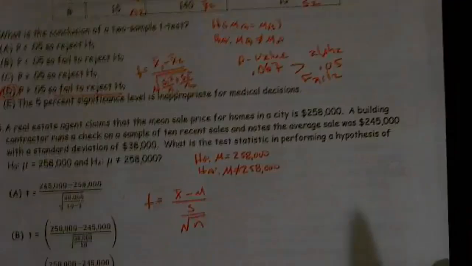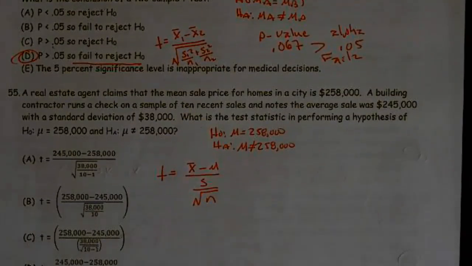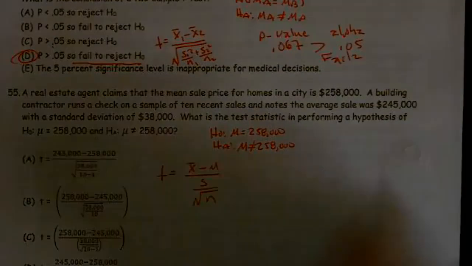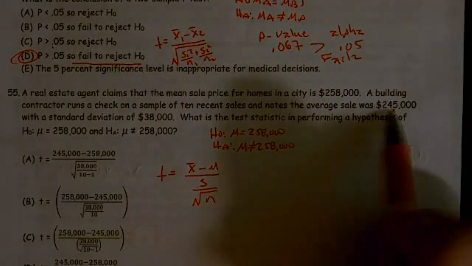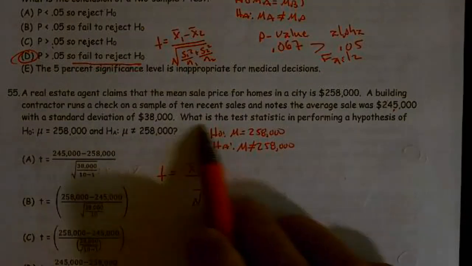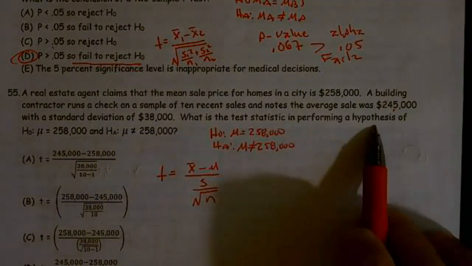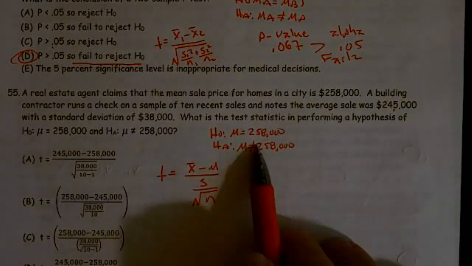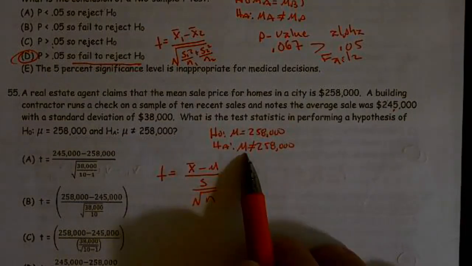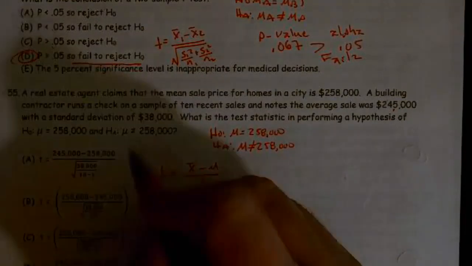Number 55, a real estate agent claims that the mean sales price for homes in a city is 258,000. A building contractor runs a check on a sample of 10 recent sales and notes the average sales was 245,000 with a standard deviation of 38,000. What is the test statistic in performing a hypothesis test? Well, first off, the claim is 258,000 and they tell us we're looking for a difference.